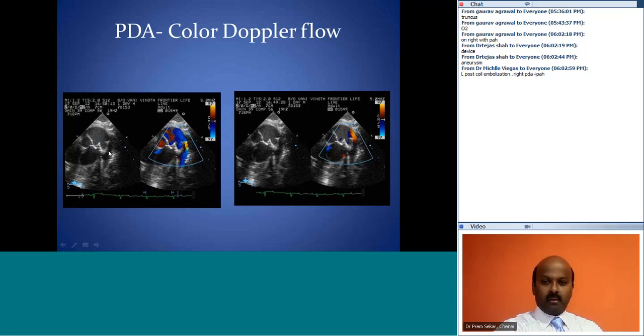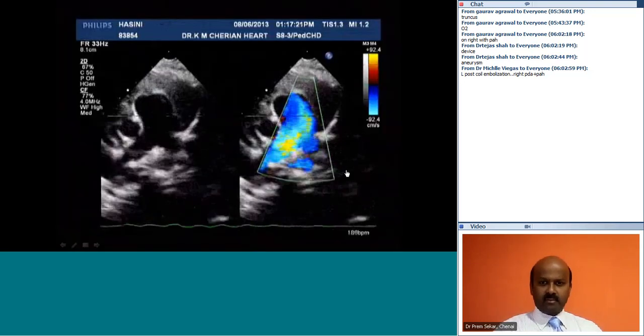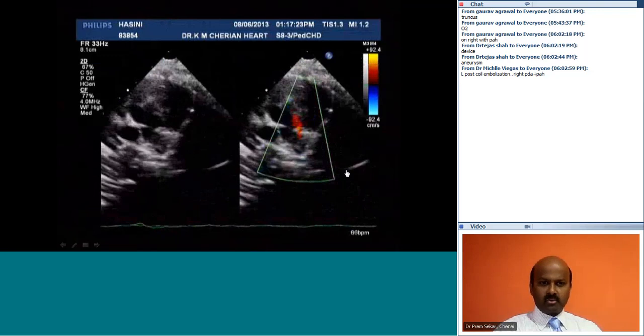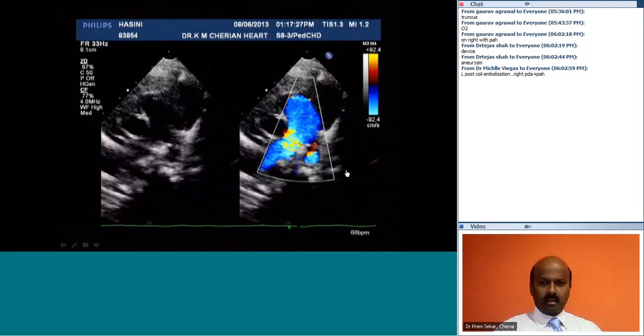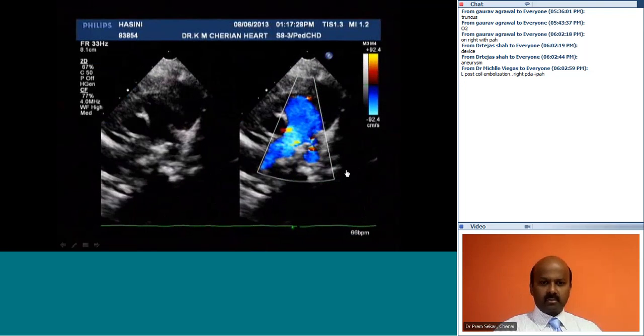So this is the typical two-dimensional echocardiographic view, and here you see the color flow across that.